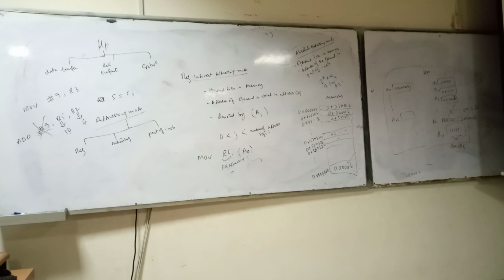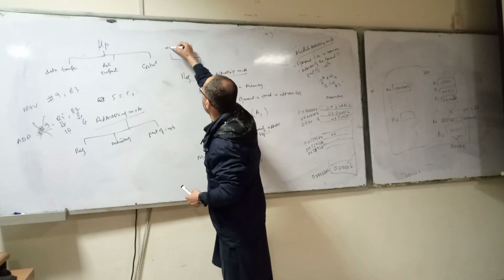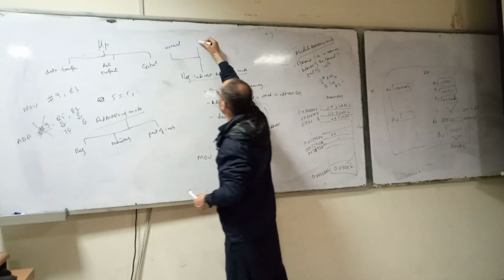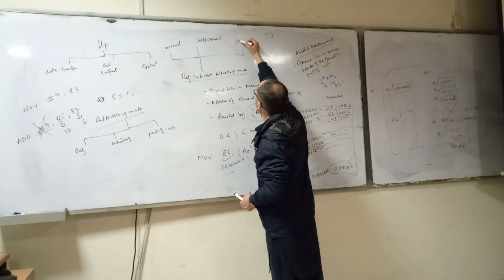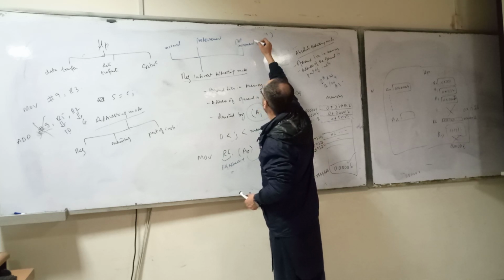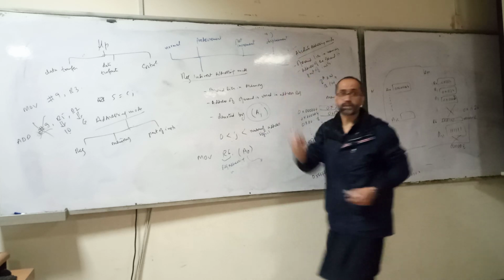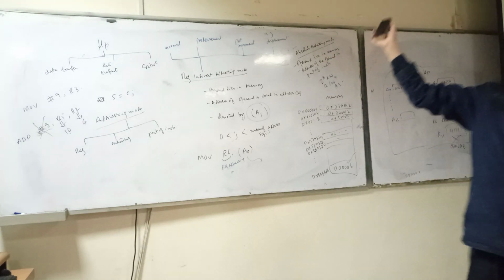So we have three variants of register indirect: this one is normal, then register indirect with pre-decrement, register indirect with post-increment, and register indirect with displacement.